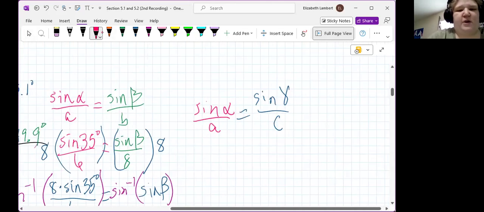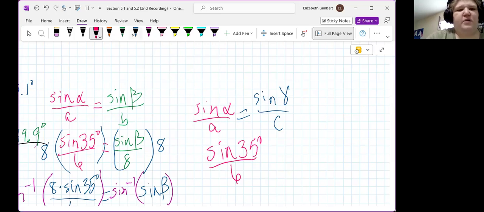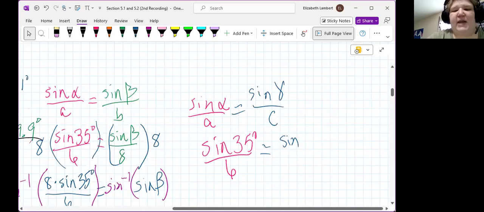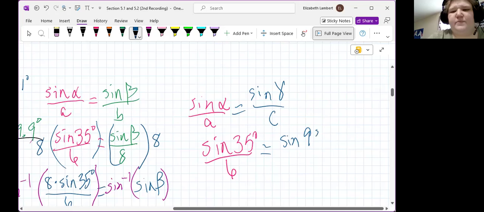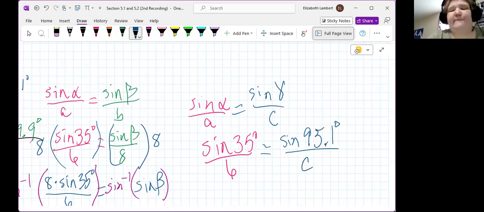All right, so let's fill in our numbers. This is that same sine 35 over 6 that we used before. But now it's equal to the sine of, we know gamma, 95.1 over C. So we want to get C by itself.